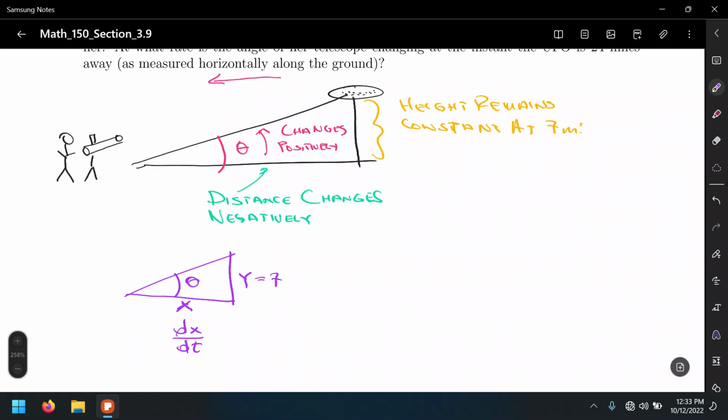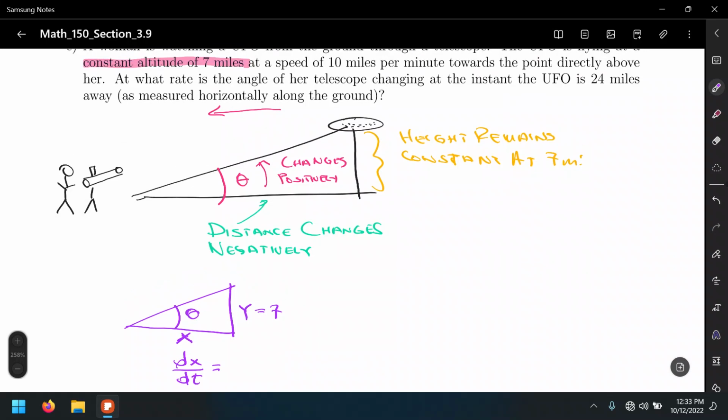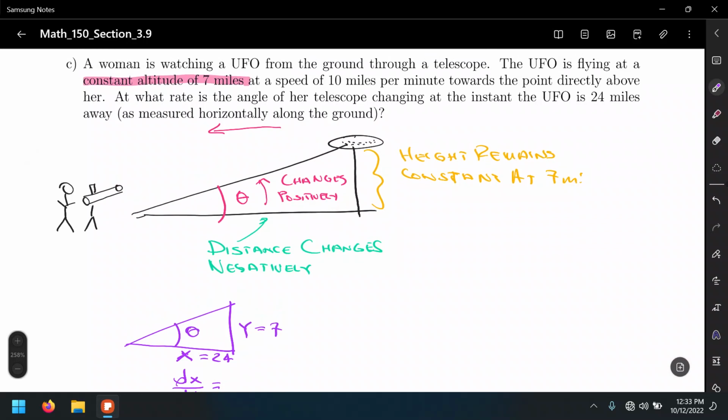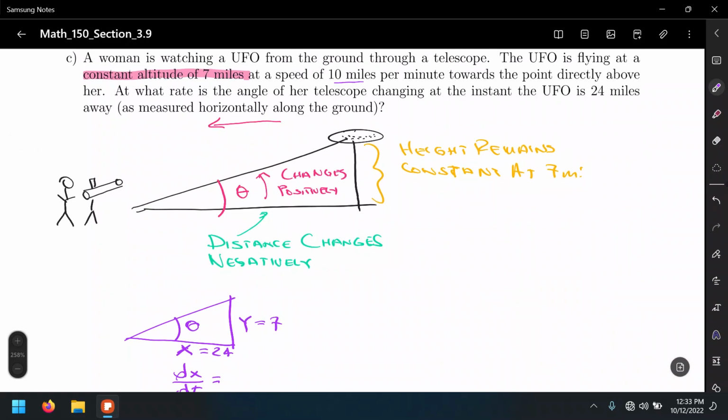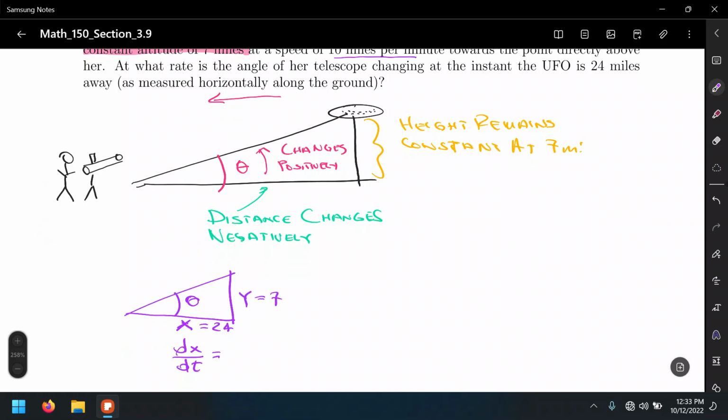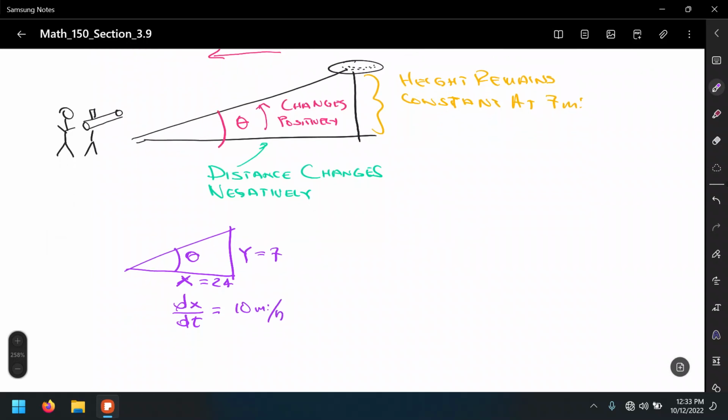So the instantaneous rate at which this distance is changing precisely at the moment where x equals 24, what's that rate? Are they giving us this rate? Yes, 10 miles per hour towards the point directly above her. So that's 10 miles per hour. Oh, per minute, right?